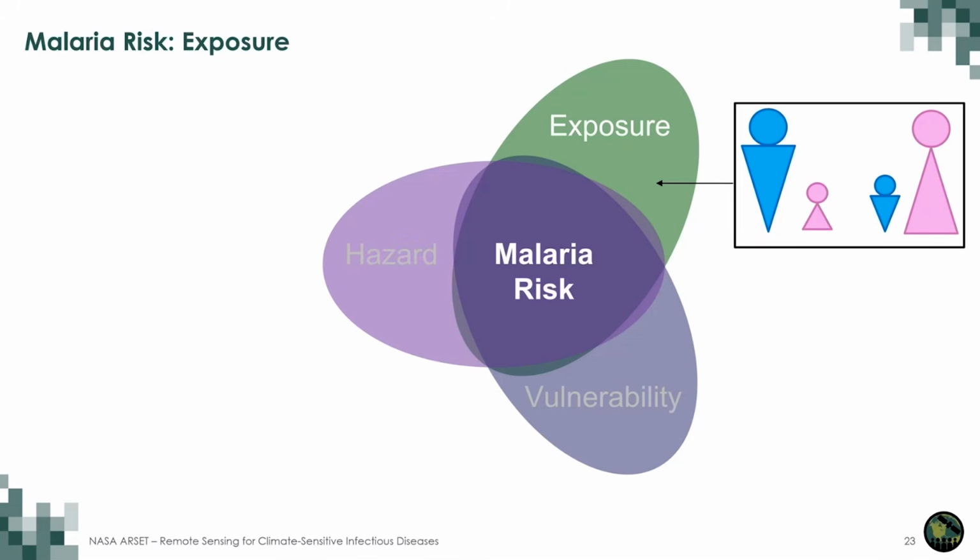For malaria, exposure really has to deal with people. And it is, as we just established, going to be both occupational exposure during the daytime and dwelling exposure during the nighttime.